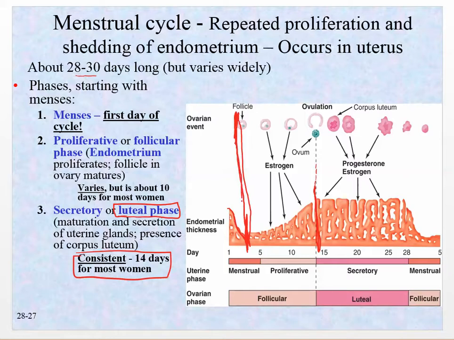That's when that little oocyte starts to develop, FSH increases, and then we start seeing the proliferation of the endometrium. That kind of makes sense. Then ovulation and the luteal phase in the ovary coincide with the secretory phase of the uterus. I hope that makes sense.